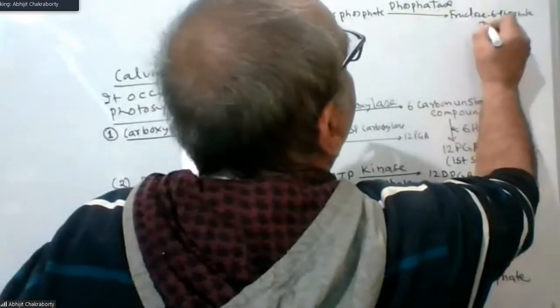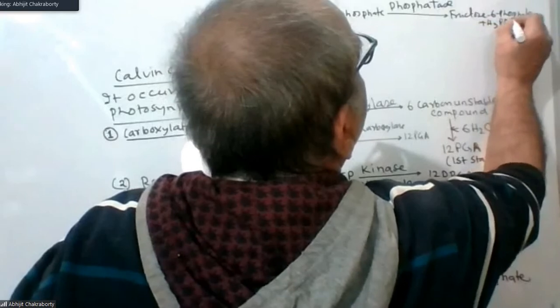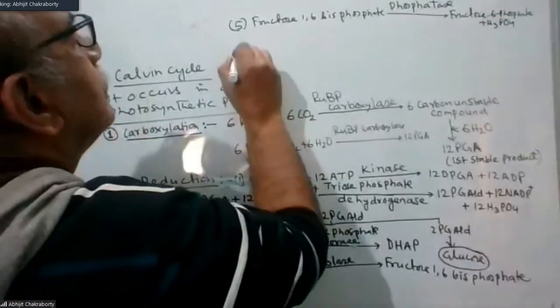Phosphate is the enzyme. This one phosphate group is liberated out. Reaction number 6.